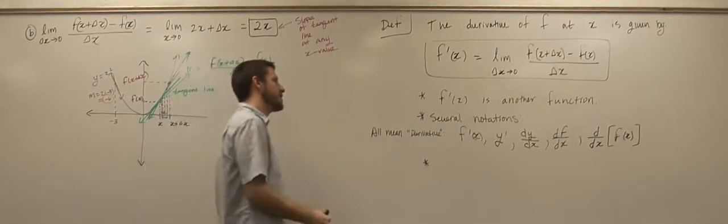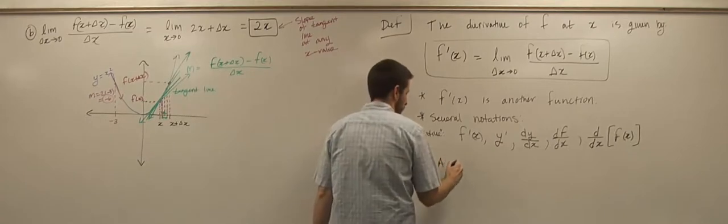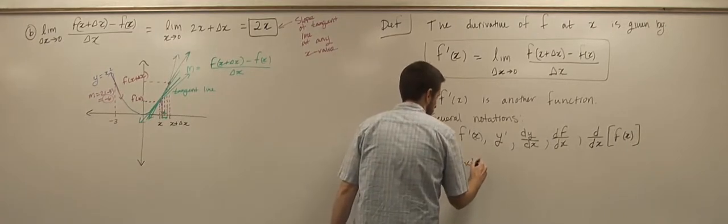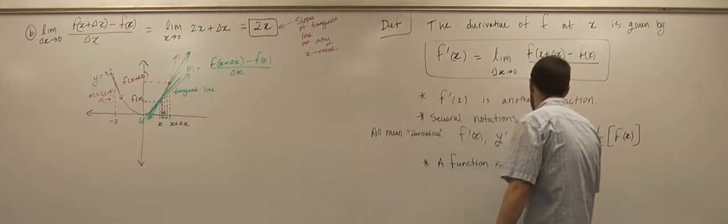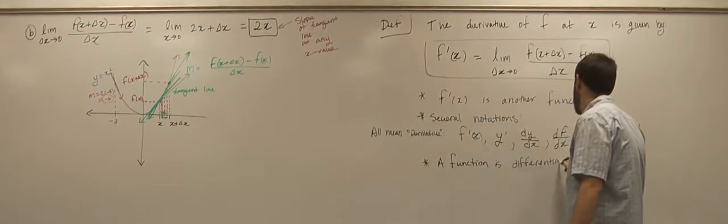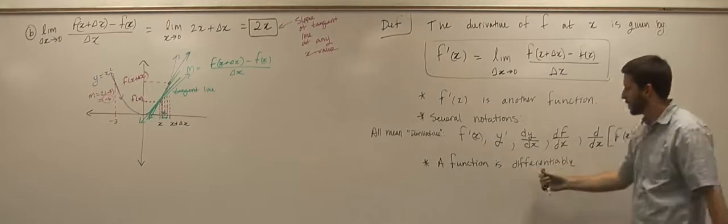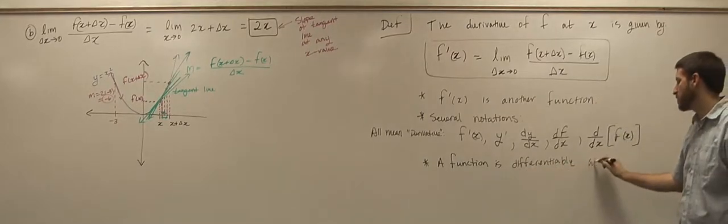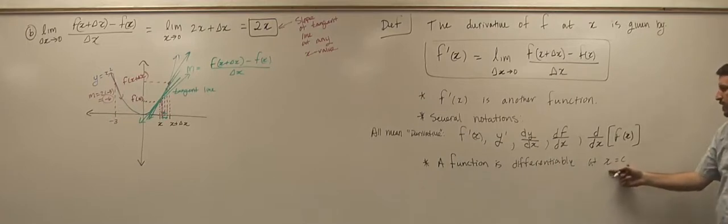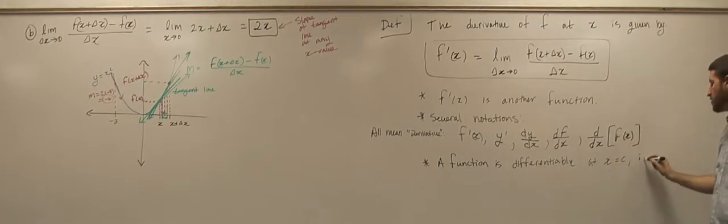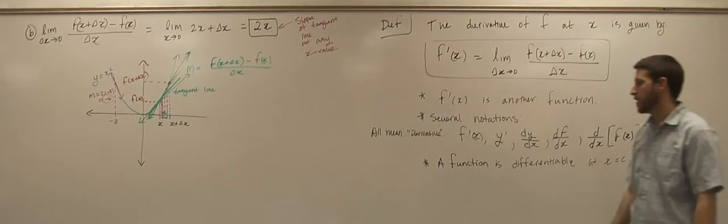All right. So one other kind of notation thing, or technicality here. We say a function is differentiable at x equals c, so at some random x value, if its derivative exists.